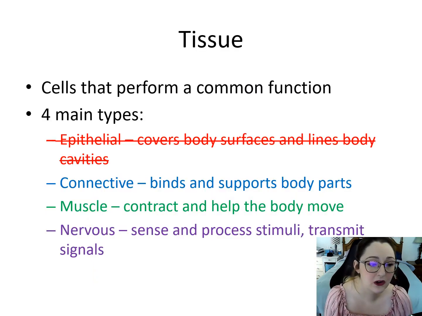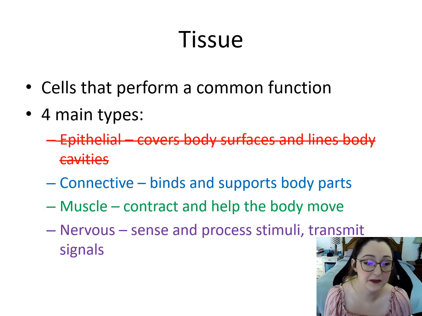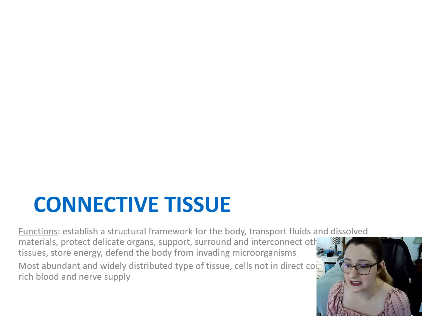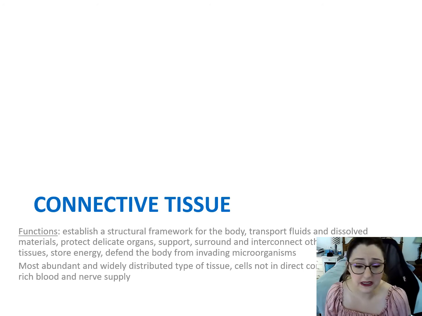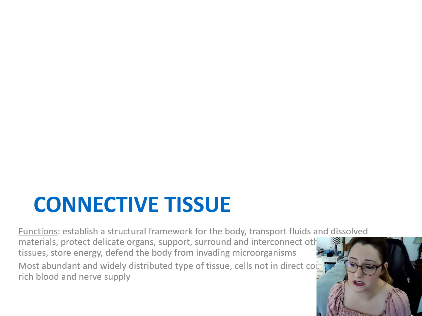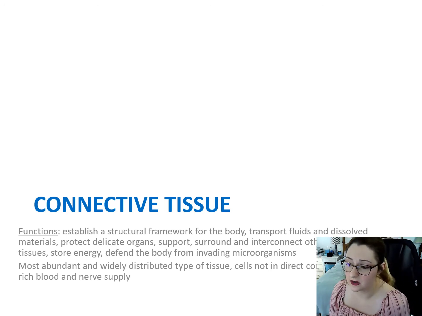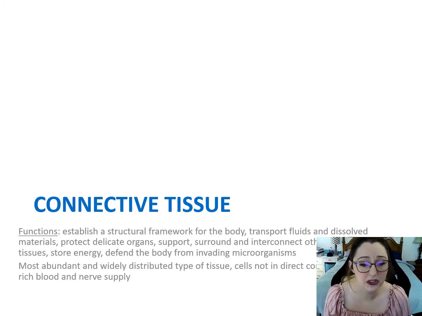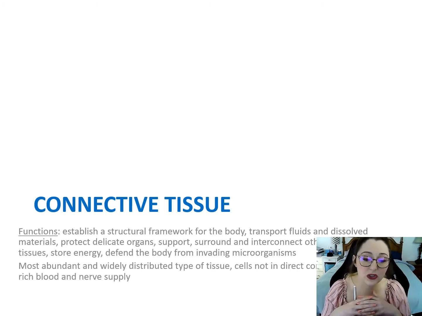So moving right on to our next type of tissue, it is connective tissue, and the purpose is to bind and support body parts. What's really interesting about connective tissue is that it is the most abundant and widely distributed tissue. The cells are not in direct contact with one another, so unlike epithelial tissue, they're not quite as closely junctioned.